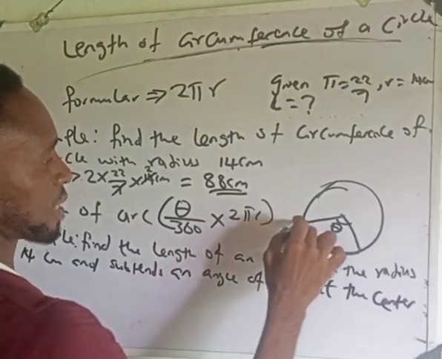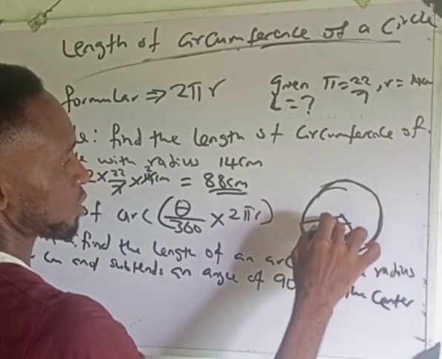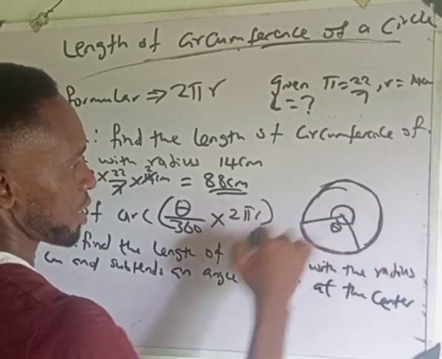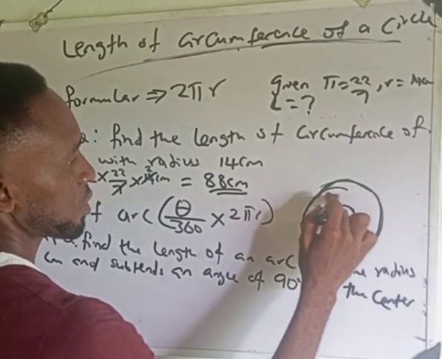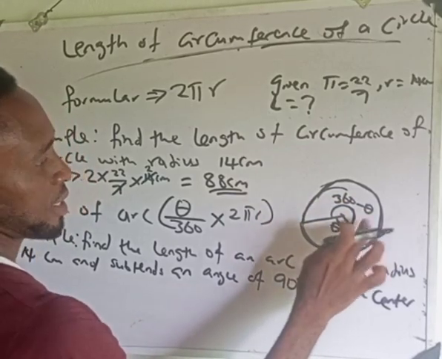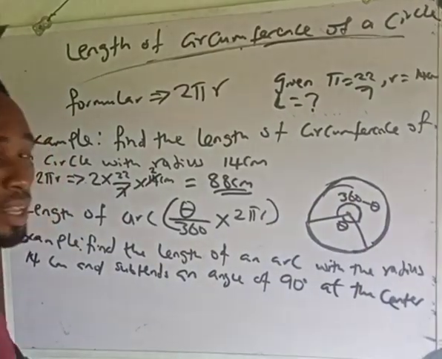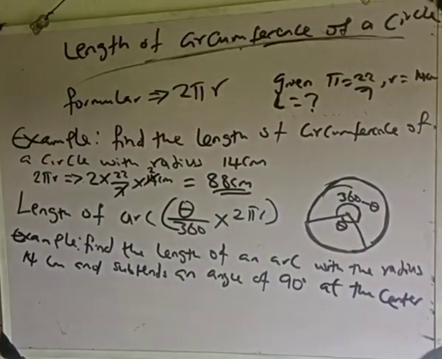If you look at this arc, it will sustain another angle here, and this angle will be 360 minus theta. Here will be theta, here will be 360 minus theta. So whenever I add the two of them together, I have 360 degrees.